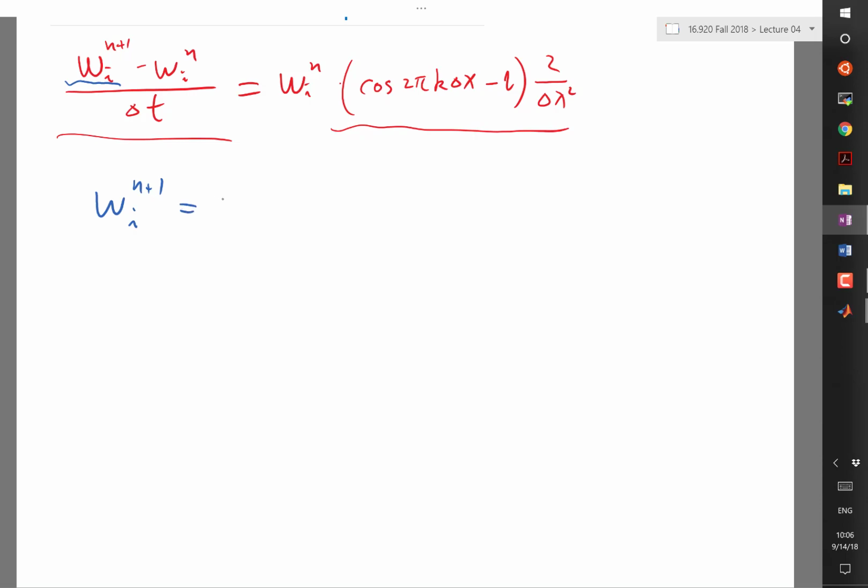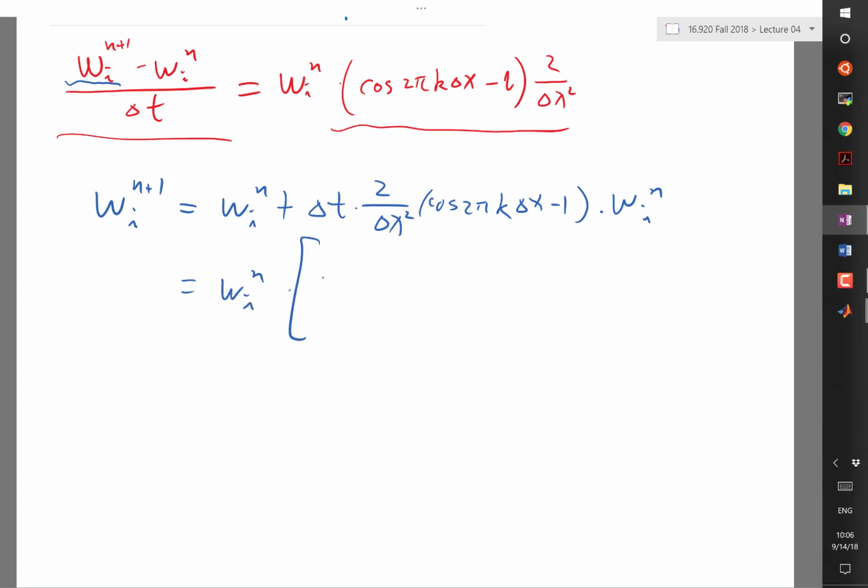What we get is wi at n plus delta t times 2 over delta x squared, cosine 2 pi k delta x minus 1, times wi^n. Or it's equal to wi^n times a constant. And that constant is the important thing that is the result of our stability analysis.